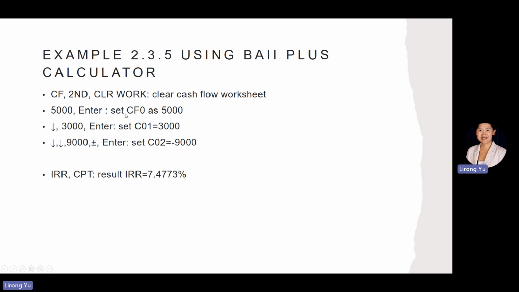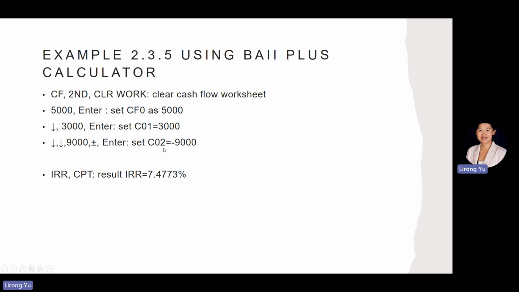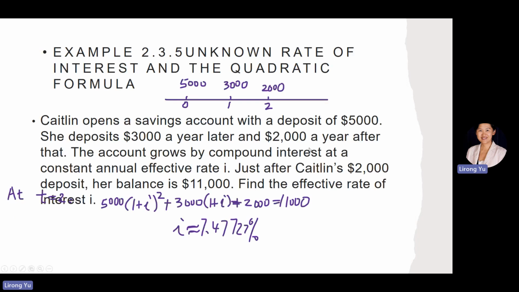That way you set the cash flow at time 0, CF0, as 5,000. A deposit of 5,000, that was the initial deposit. A year later is a deposit of 3,000. So a year later, cash flow 1 is 3,000. The other cash flow is 2,000 after that. So at time 2, the cash flow is 2,000.